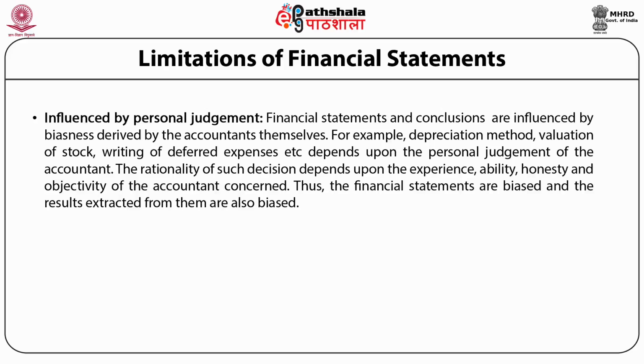For example, the depreciation method, valuation of stock, and writing off of deferred expenses depend upon the personal judgment of the accountant. The rationality of such decisions depends upon the experience, ability, honesty, and objectivity of the accountant concerned. Thus, the financial statements are biased and results from them are also biased.